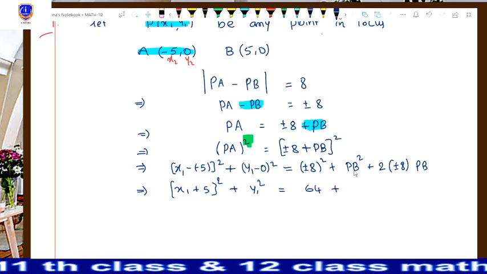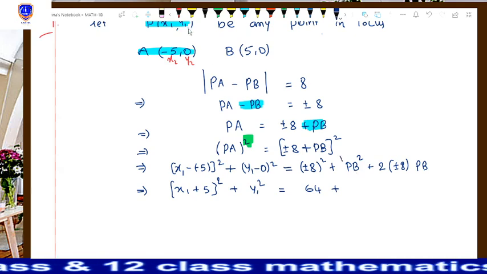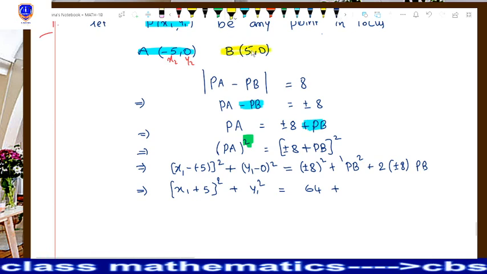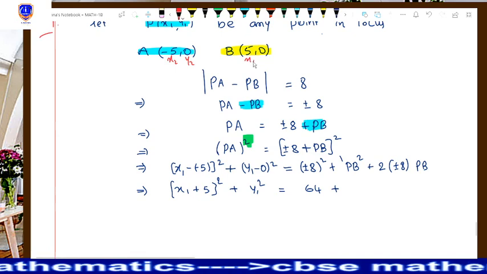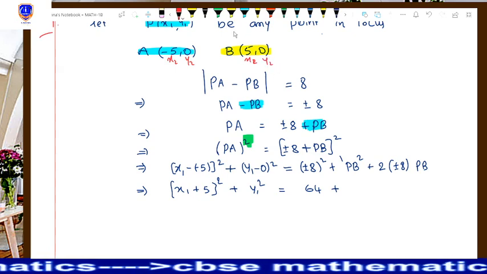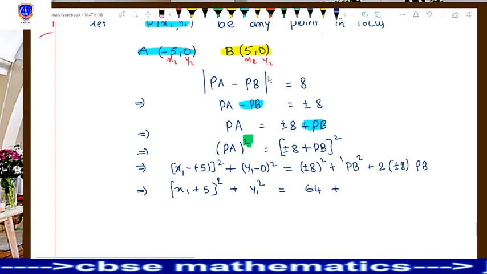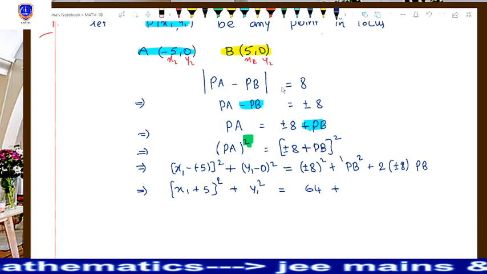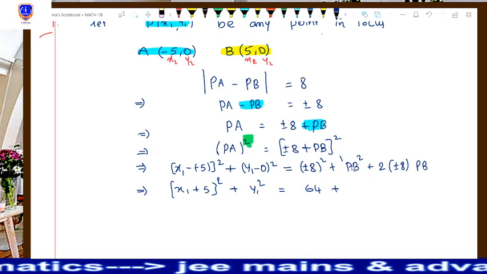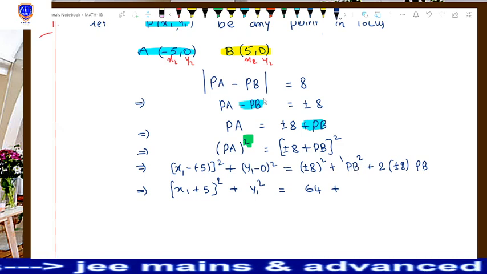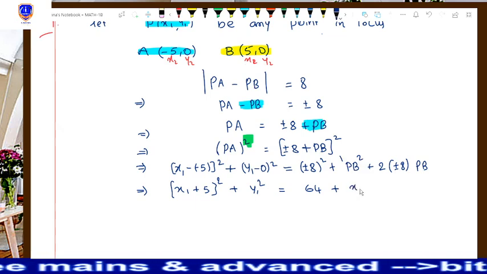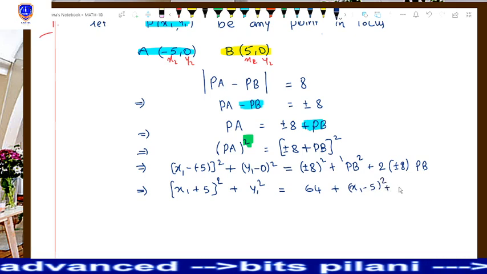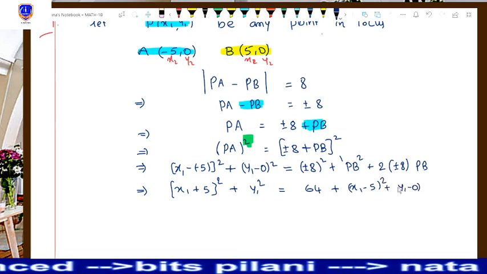And PB square, we already know the point P is x1, y1, and for the point B, while doing PB, you have to assume like the point B is x2, y2. Now write down PB square, x1 minus x2 whole square, so x1 minus 5 whole square plus y1 minus 0 whole square.